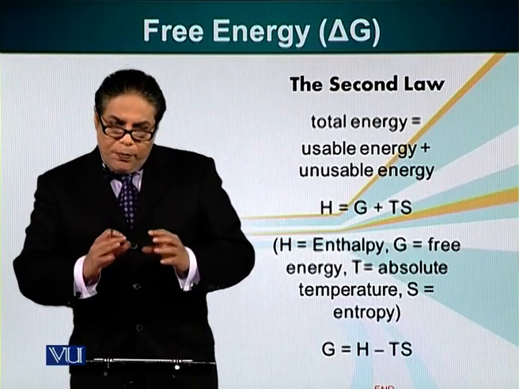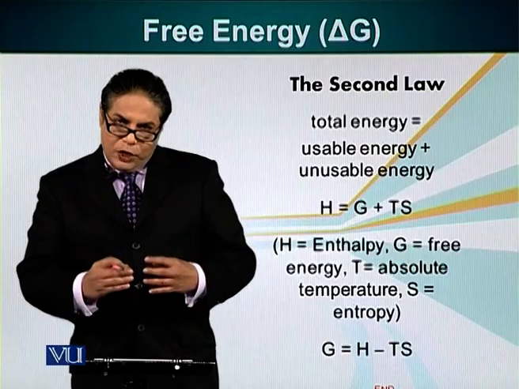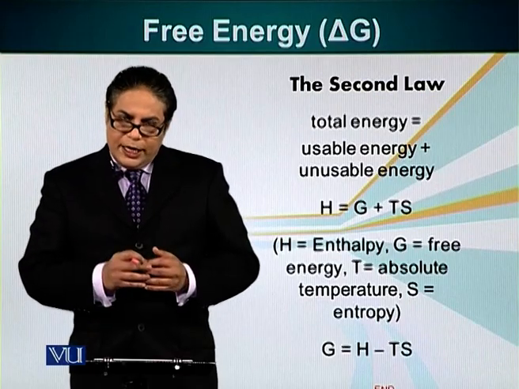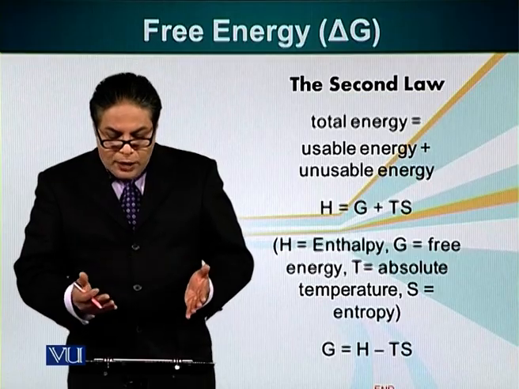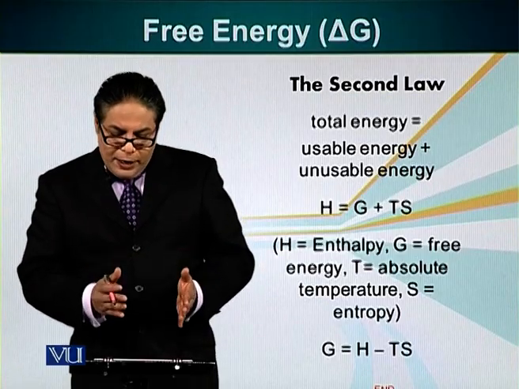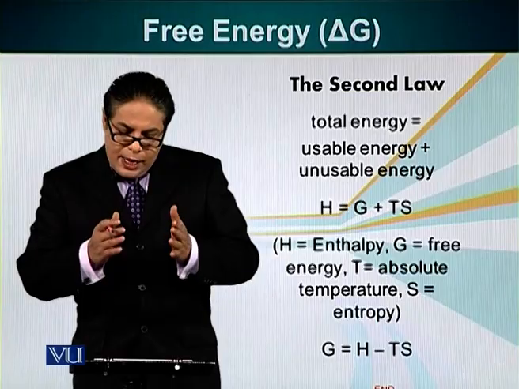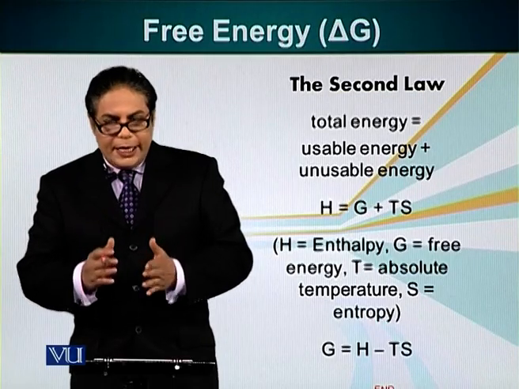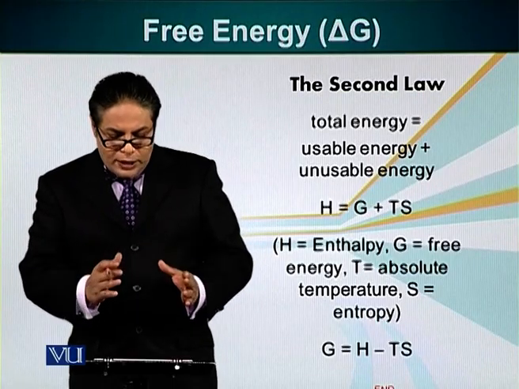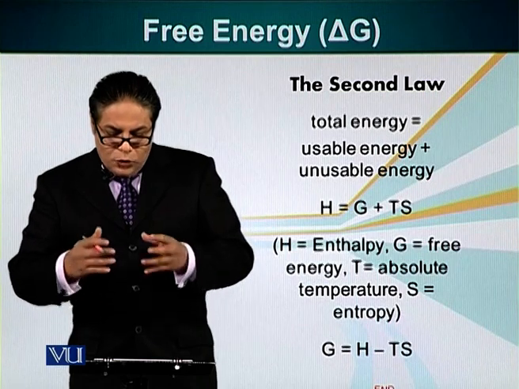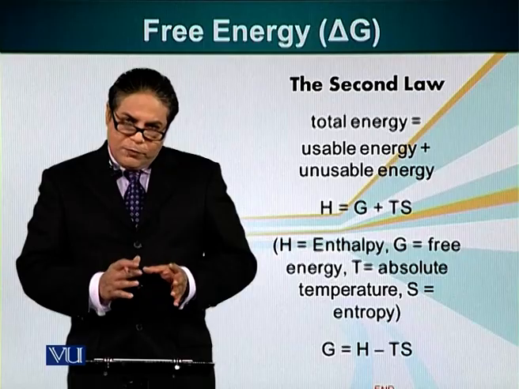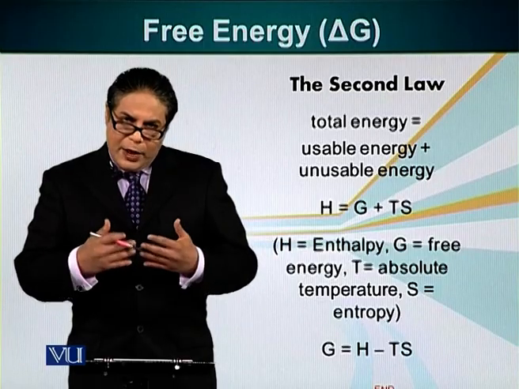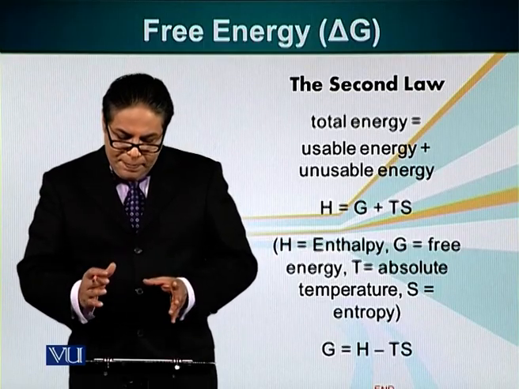In order to make this equation, we have to put a constant in it. The capital T here represents absolute temperature. So our equation becomes H equals G plus TS. The total energy of the system equals usable energy plus unusable energy. The total energy of the system is represented by H, and it's called enthalpy.